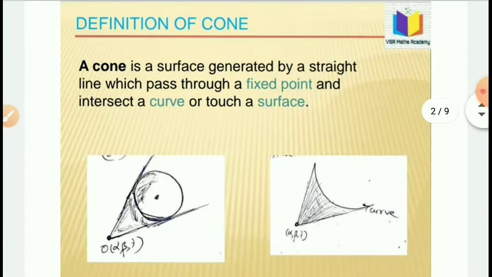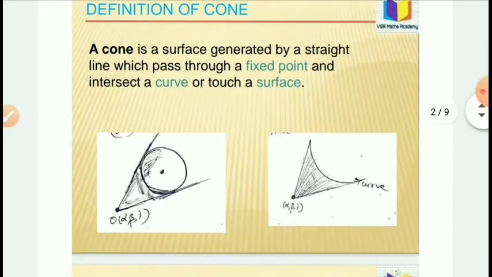In our daily life we see a lot of objects which are in cone shape. So a cone is a three-dimensional object. In three-dimensional geometry, how can we define a cone?